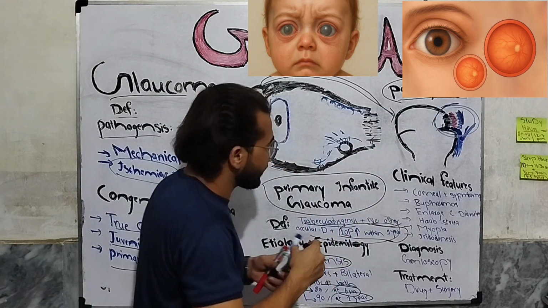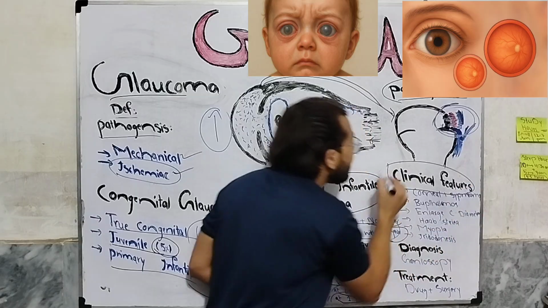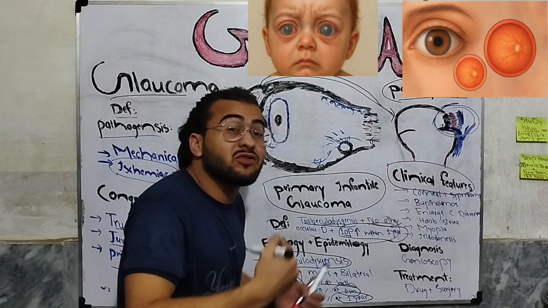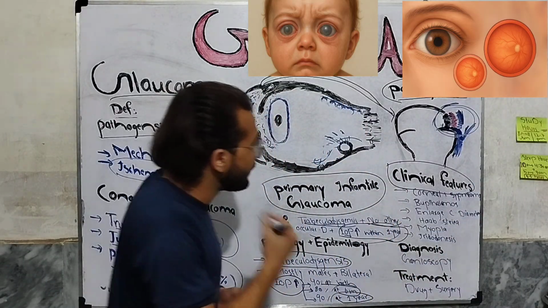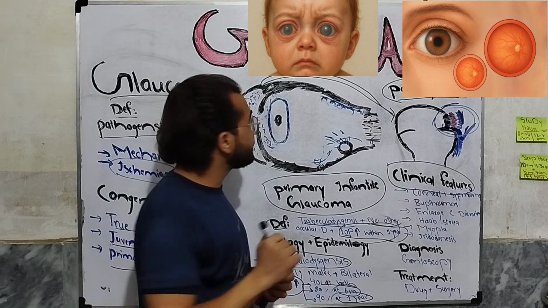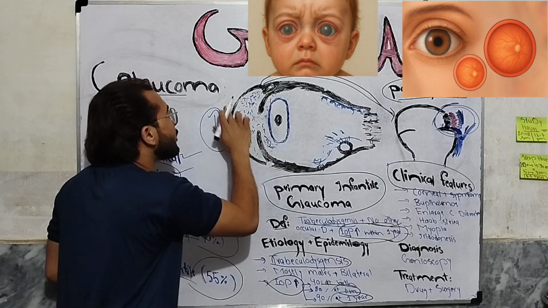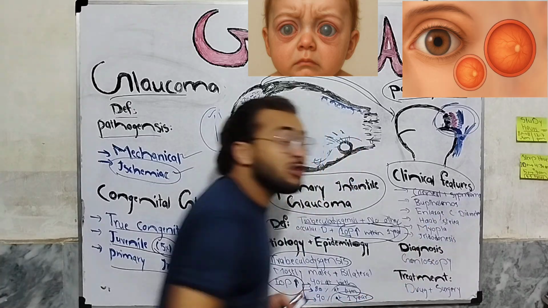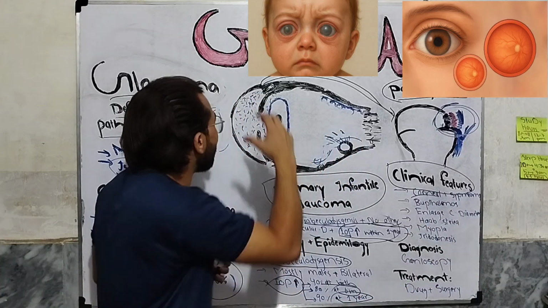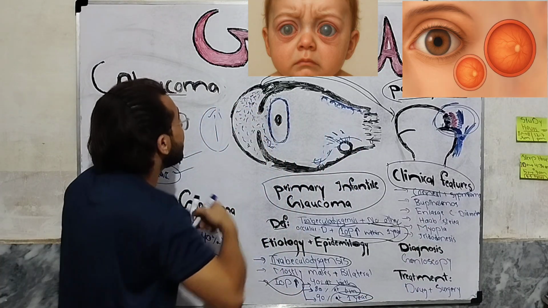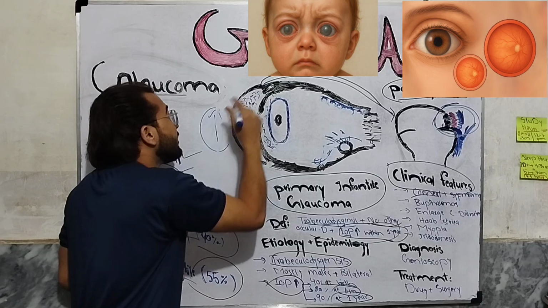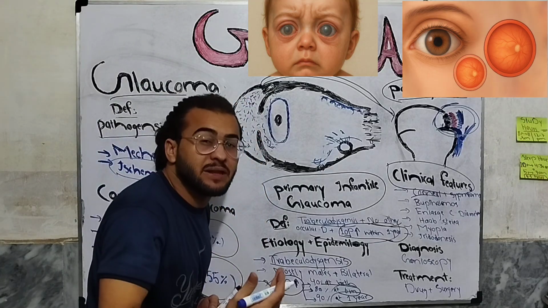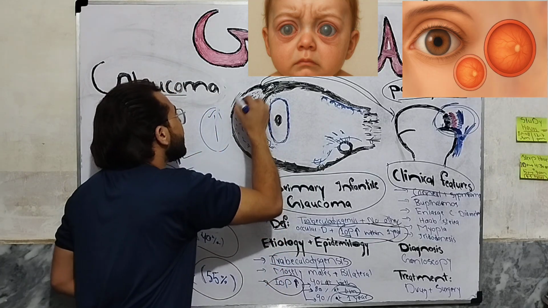Now the clinical features. How will the parents present their children to us? Remember, there is increased intraocular pressure. So the patient will present to us with corneal edema. Because of the increased intraocular pressure, the endothelium will decompensate and it will cause edema.